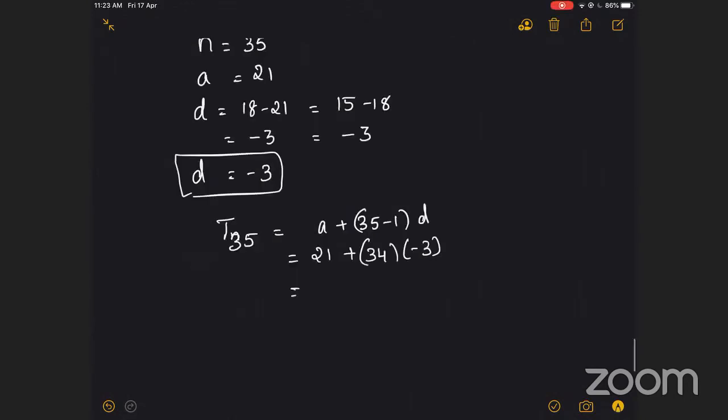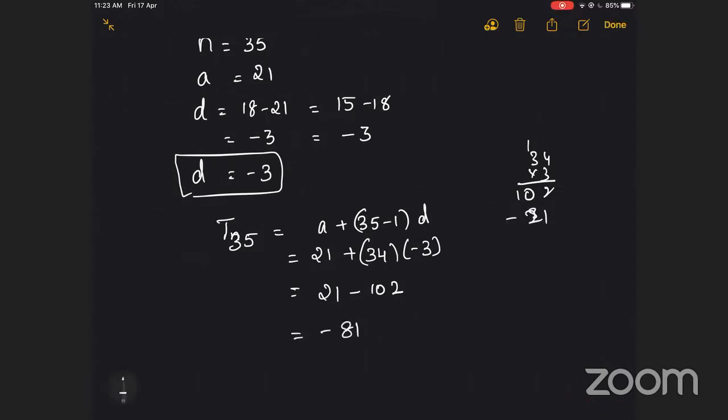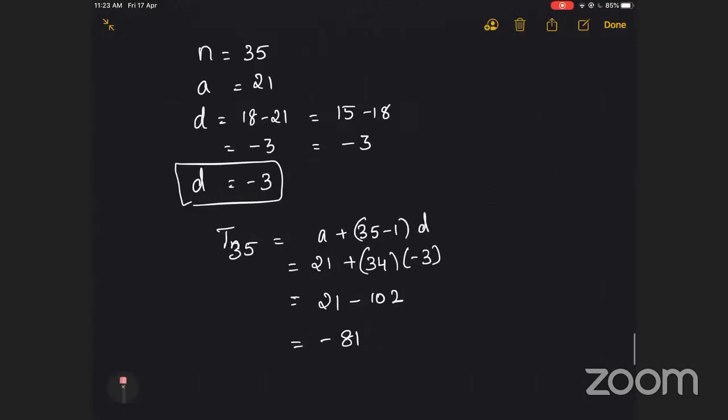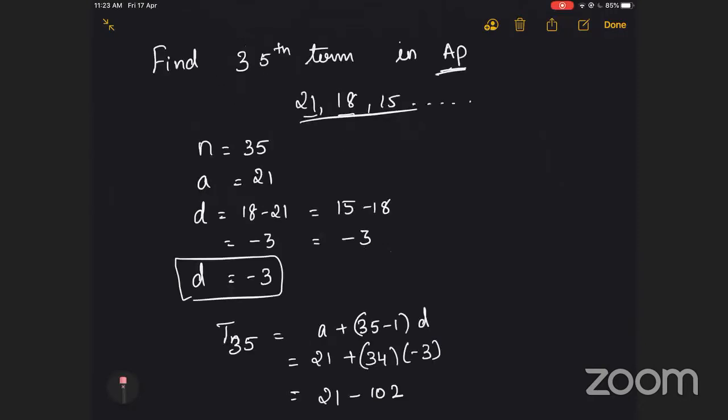So this sums up to 21 minus 34 times 3, which is 102. So 21 minus 102, which sums up to minus 81. Minus 81 is the 35th term of the given AP, which is 21, 18, 15, and so on.